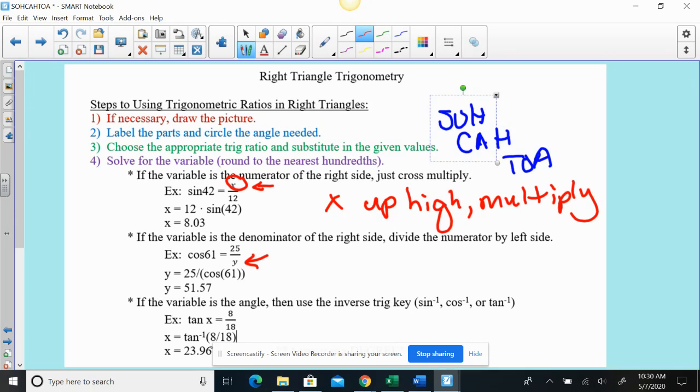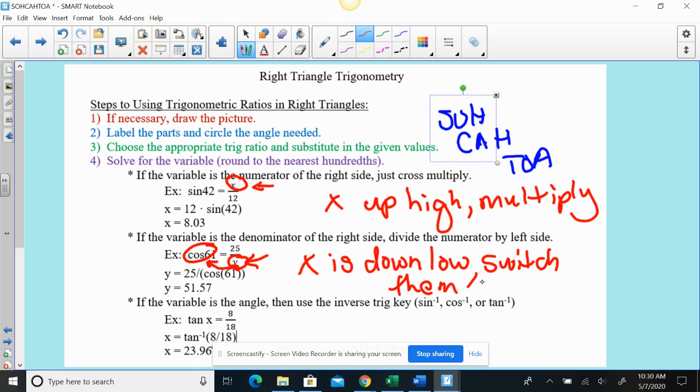So what they normally say is if x is down low, and I know this one is a y, but if x is in the bottom or in the denominator, you're going to switch them. So I'm going to take this cosine 61 and this y, and I'm going to switch them. So x down low, switch them. There's the little rhyme there. So in my calculator, I would just do 25 divided by cosine 61.